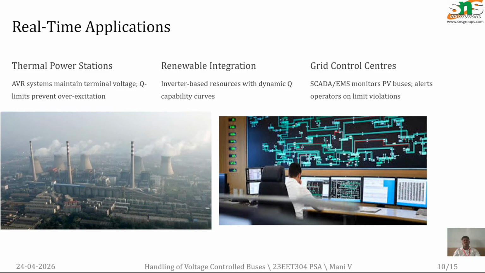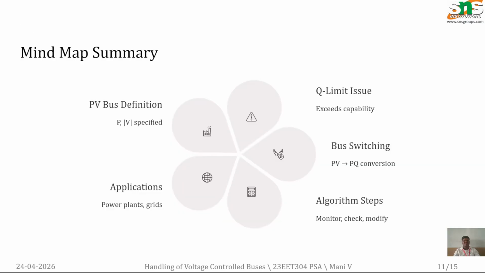So these are the real-time applications of handling voltage controlled buses, that is, generator buses. It can be used for thermal power stations, renewable integration like inverter-based resources, and grid control centers like SCADA, energy management systems, PV buses, etc.